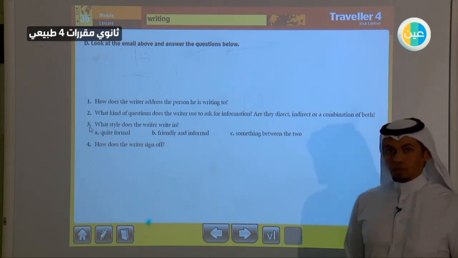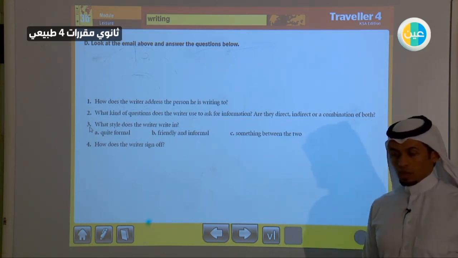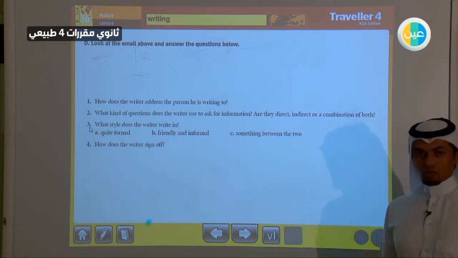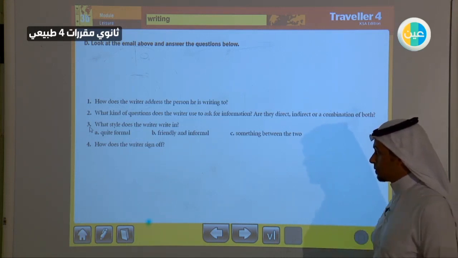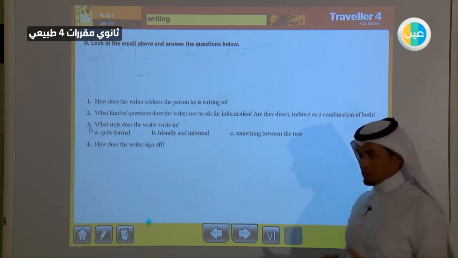But informal letters are when you write to someone you know, a best friend, or a friend, or a brother, or a family member. But semi-formal is something in between.